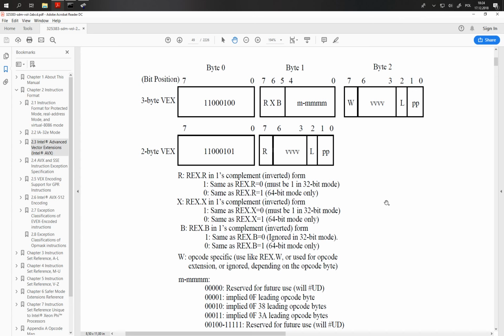As in, you can have 2 source registers and another destination register, and the result of the operation does not overwrite any of the source registers. 3 different operands. So to make this work, they also had to invert this entire field. Well, it would be enough to invert just the highest bit, but it would be clunky then, so the entire VVVV is inverted.